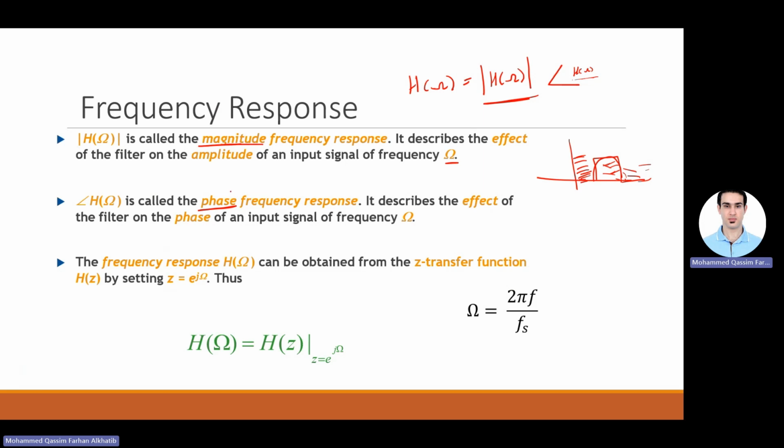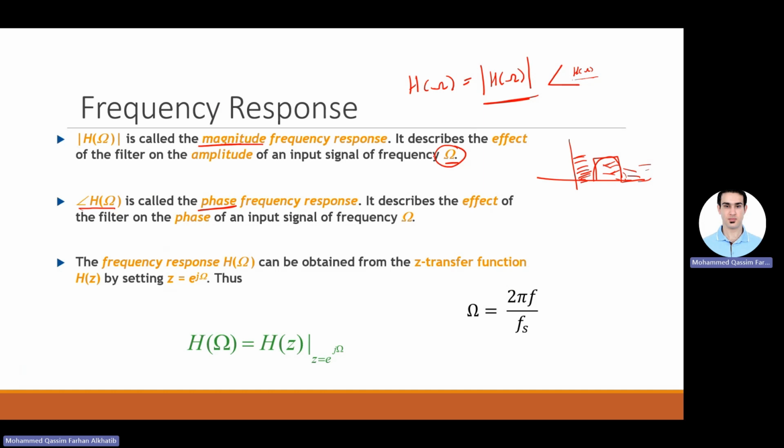So basically the filter will have an effect on the signal by either selecting that part of the signal or removing that part of the signal, based on a certain value of frequency. Then we have this angle representation, which is the phase of the frequency response.